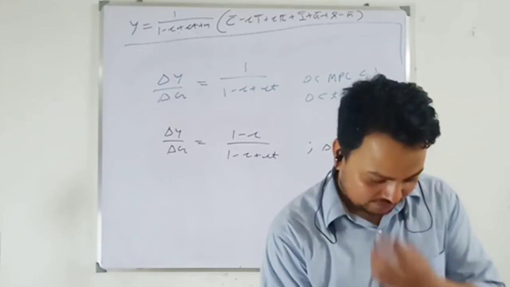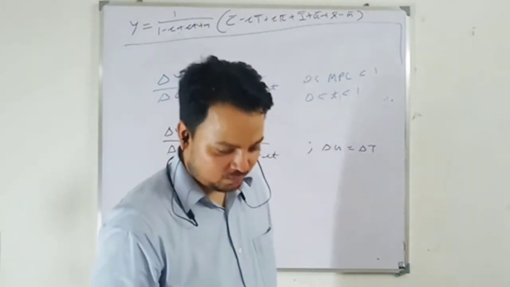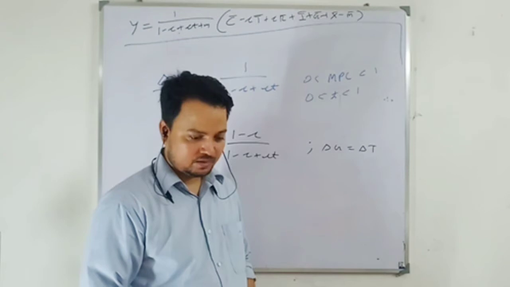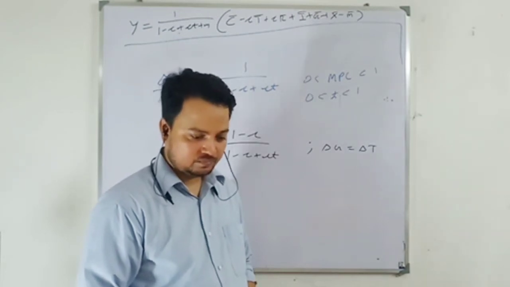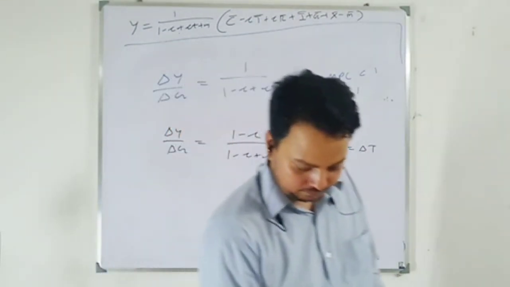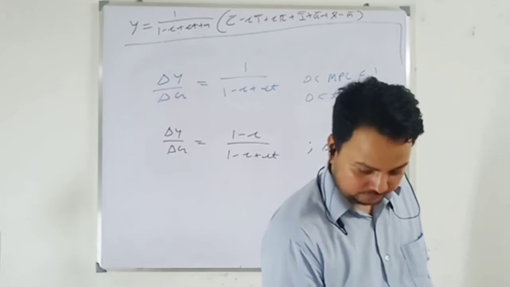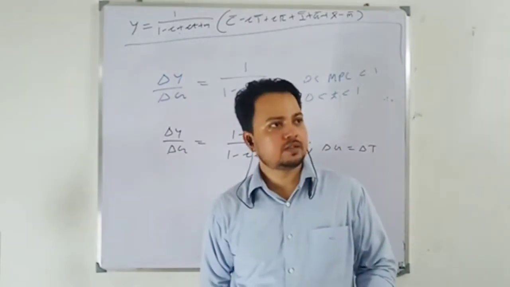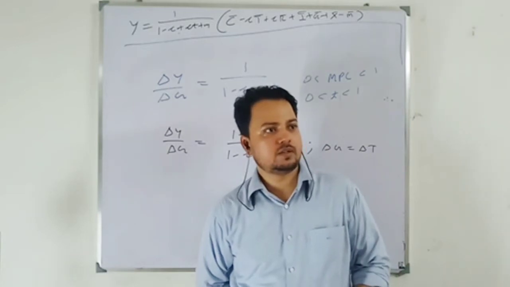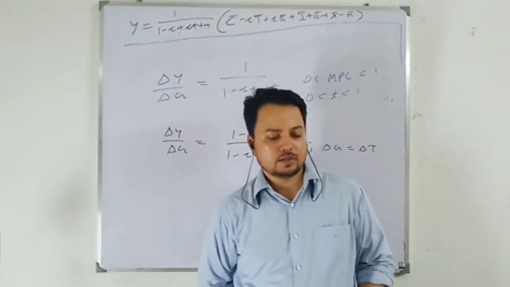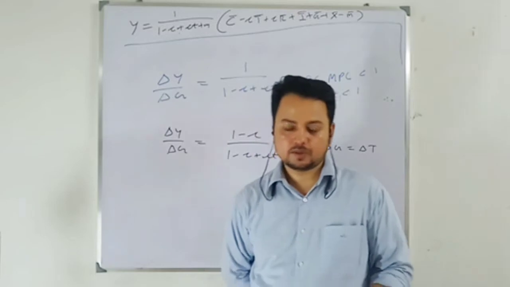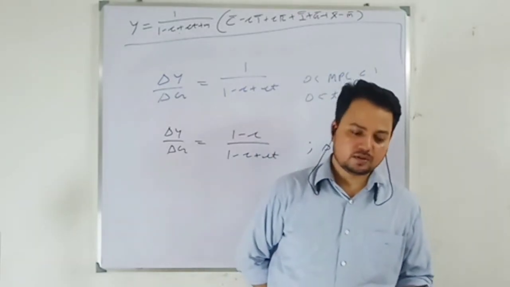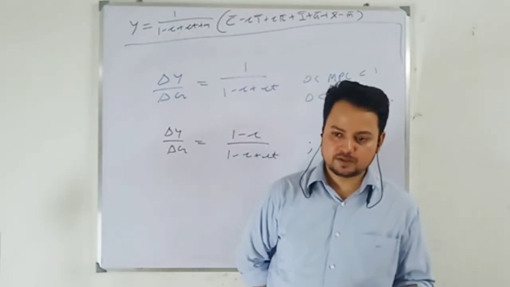So, examine the effect of change in government expenditure and income tax on national income. Should I provide the income tax part now? Change in government expenditure is very simple.